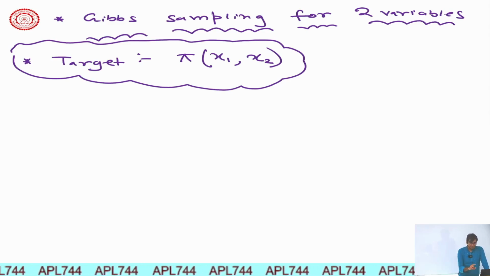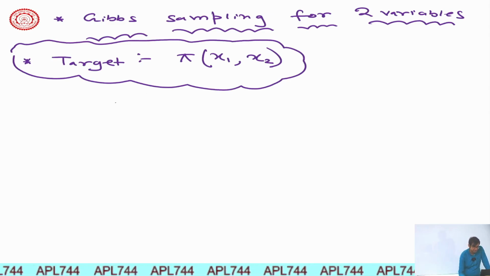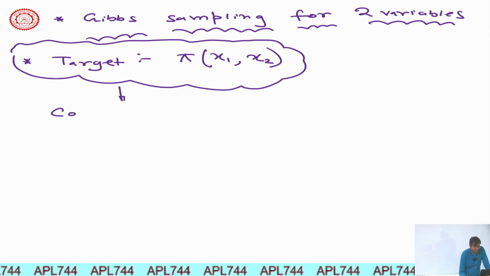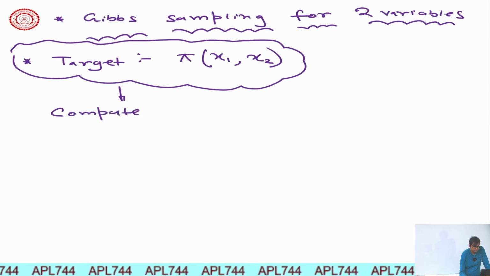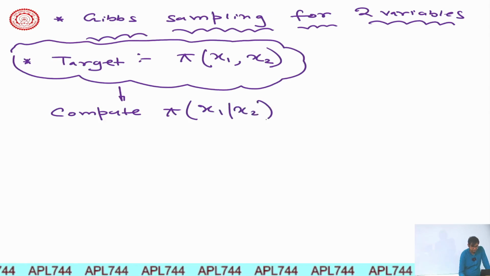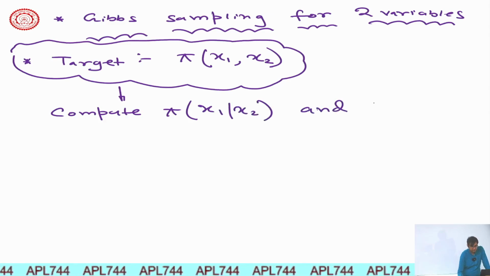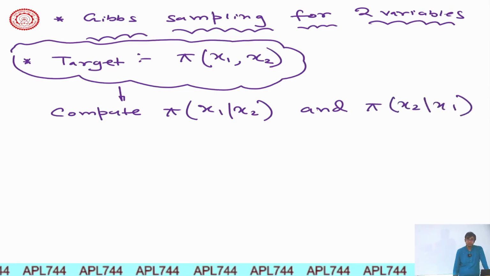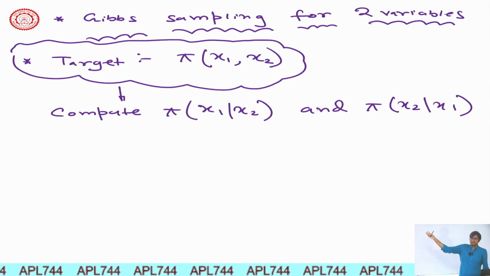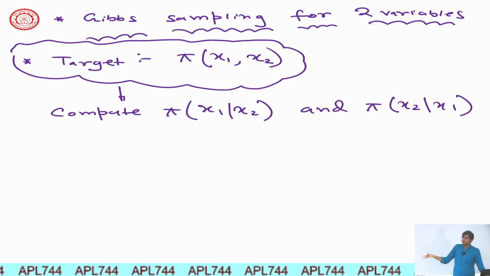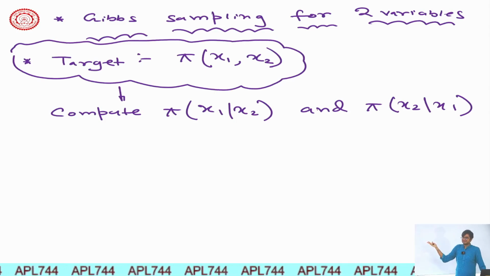Okay. But given this target, you have to compute. The first stage is do mathematics. Okay. The first step is compute pi of x1 given x2 and pi of x2 given x1. So it is an assumption that you can compute this thing. If these things are not something that you can compute or calculate, then you cannot use Gibbs sampling.